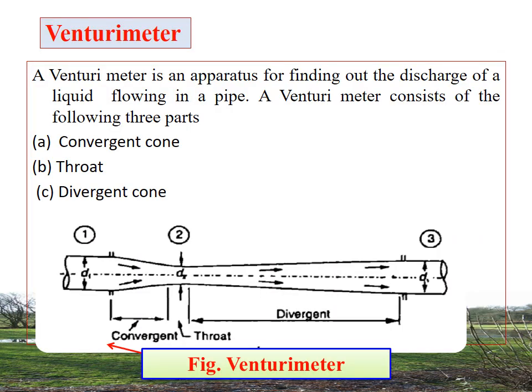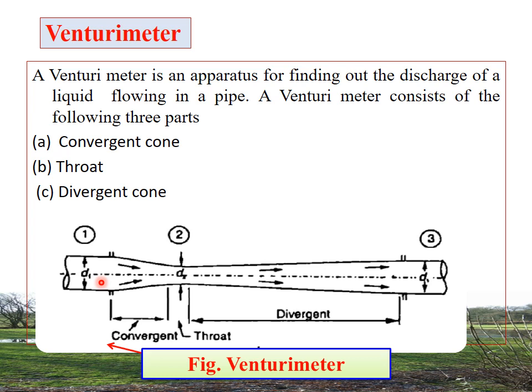Let us take the Venturi meter. So, first, what is the use of a Venturi meter? A Venturi meter is a device used for measuring the rate of flow. What is the meaning of rate of flow?